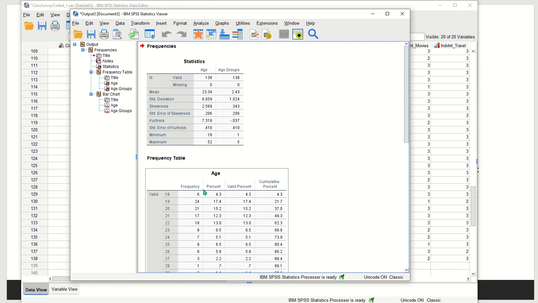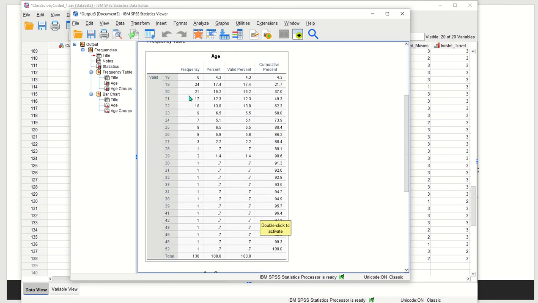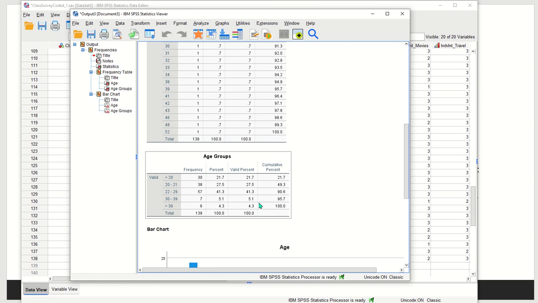So you wouldn't want to perform a frequency, like I was saying, on scale level data, because as you can see, you end up with all kinds of these numbers, right? That doesn't really tell you a whole lot, right? But if I put my age in groups, now I've narrowed it down, right? I have those that are under 20, from 20 to 21, and so on.